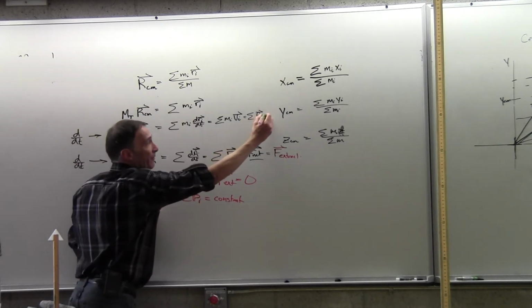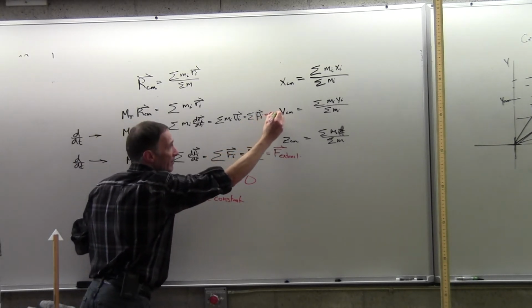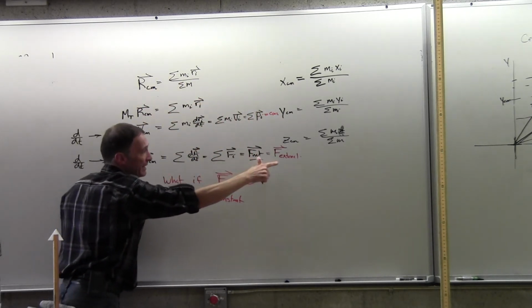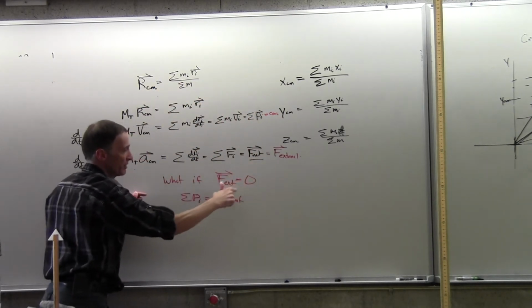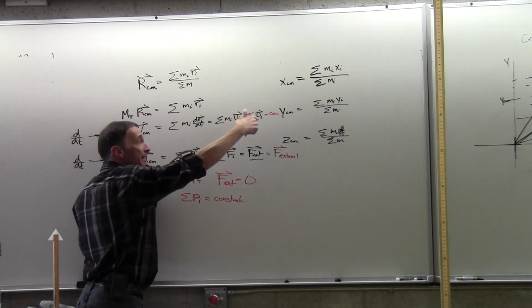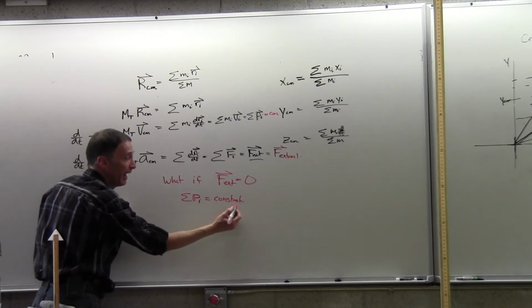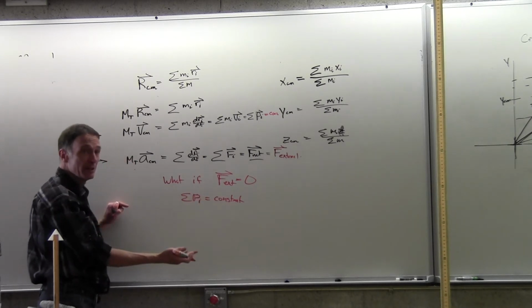So if this is equal to a constant, and I take the derivative of that with respect to time, I get 0. And if I have 0 external forces, I can take a step back and say the sum of all my momentums is constant. This means conservation of momentum.